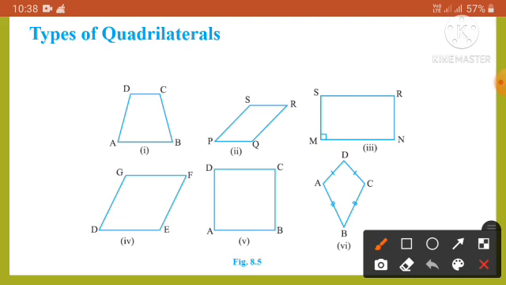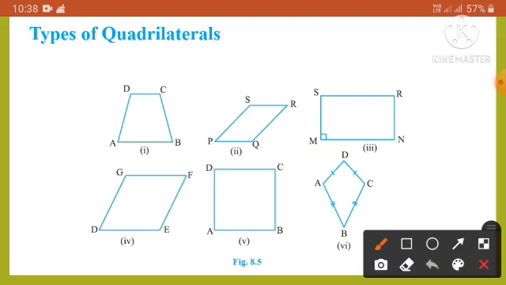In figure number 5 angle A equals 90 degrees and all sides are equal, because it is a square. And also it is a parallelogram, because all the sides are parallel, AD parallel to BC and AB parallel to DC, so it is a square.